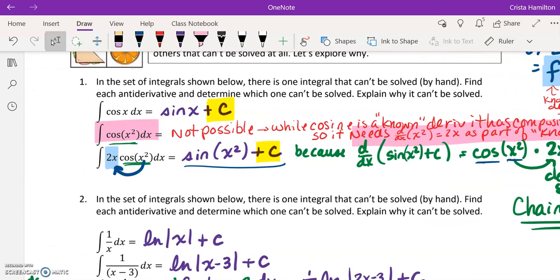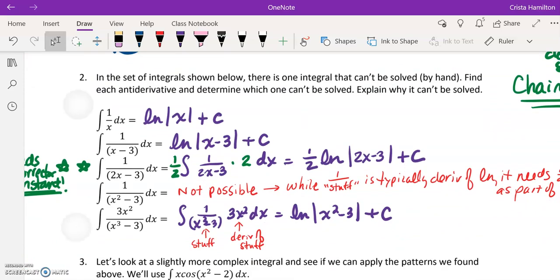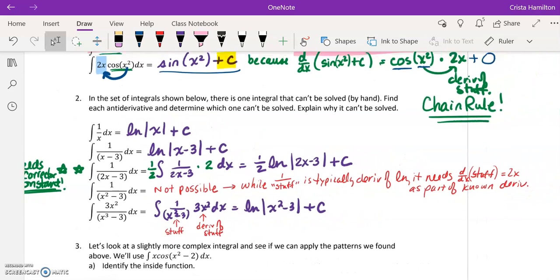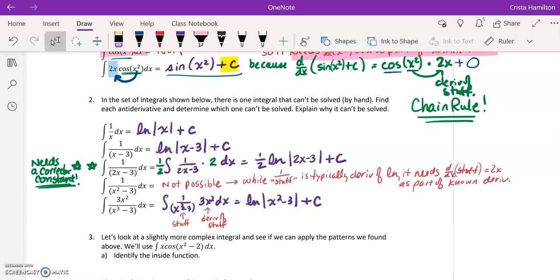All right, now in the second set down here, let's look at which ones I want to highlight. Hopefully you remembered that the antiderivative of 1 over x is a known derivative. That was the generic rule, and that gave us the natural log of the absolute value of x.